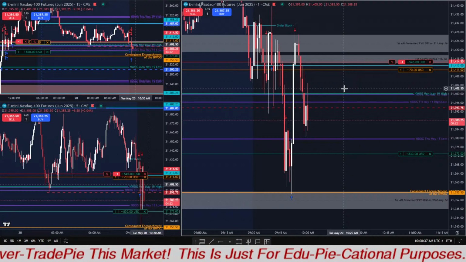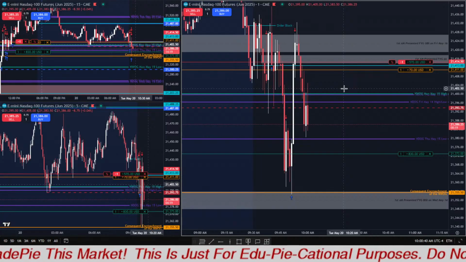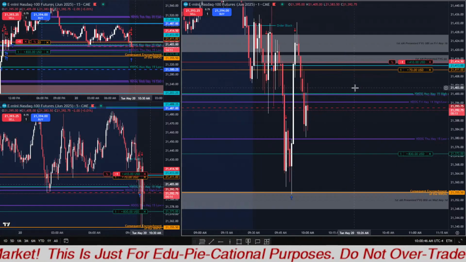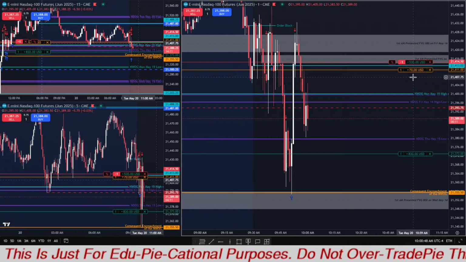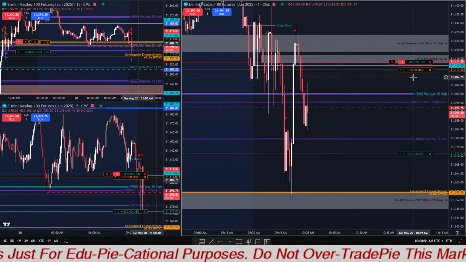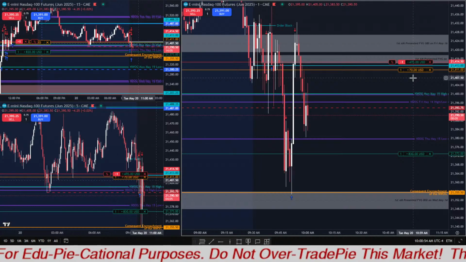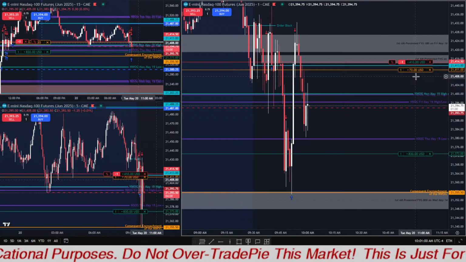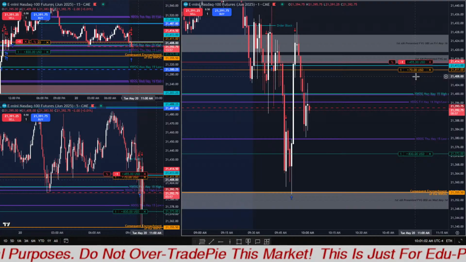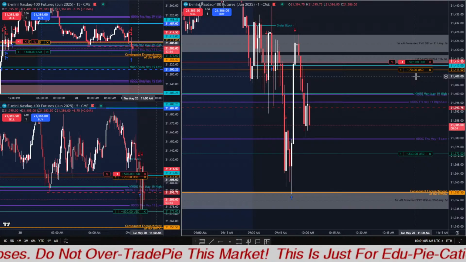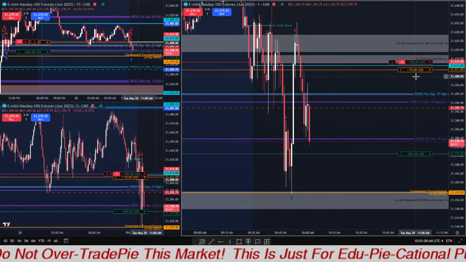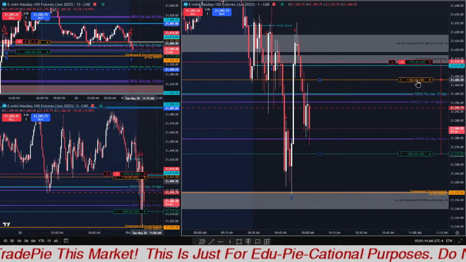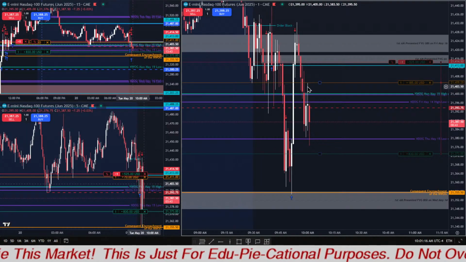Well, now I'm expecting a run lower, a big red candle. Placing my stop loss above this candle's high.